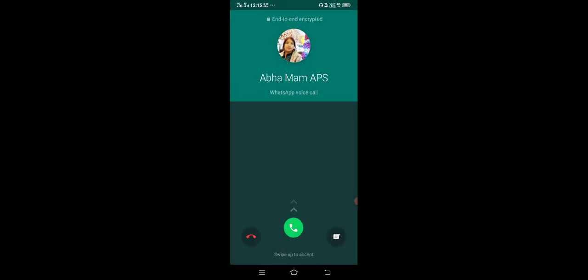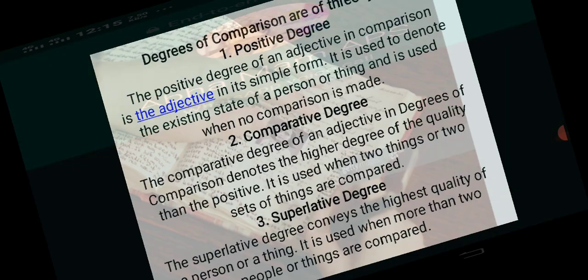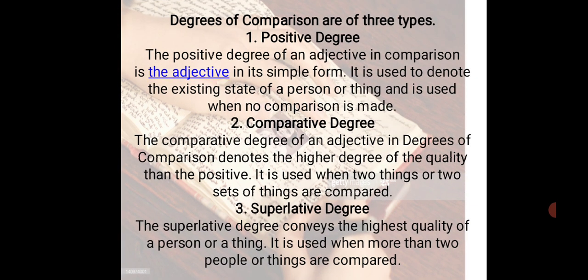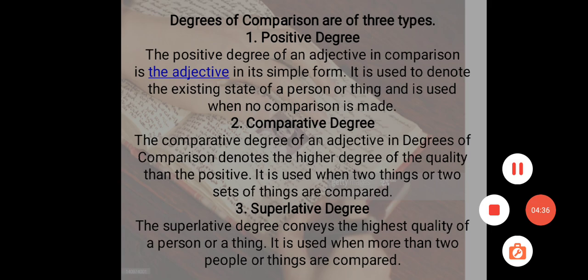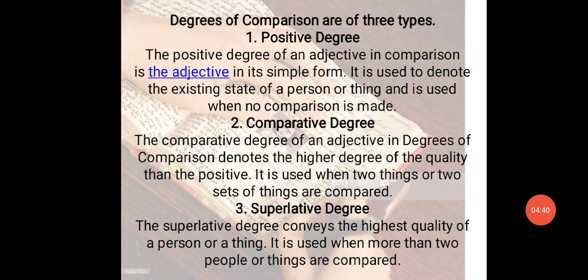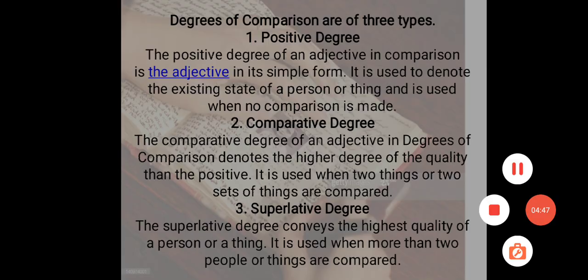Children, degrees of comparison are of three types. What are they? Number one, positive degree.